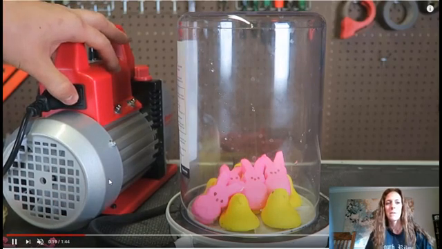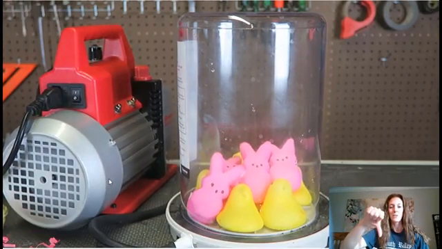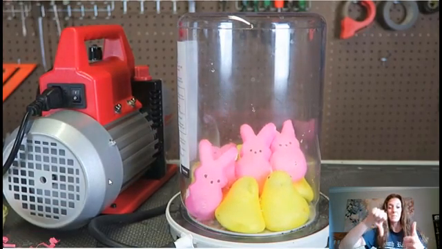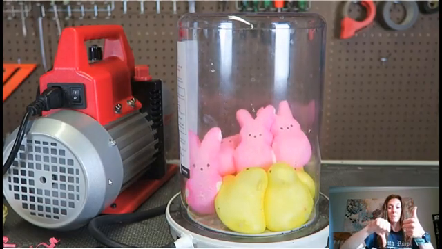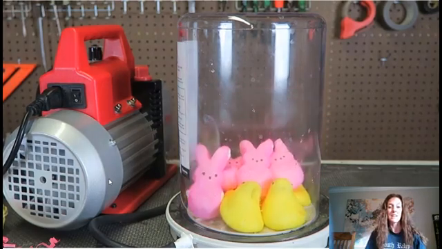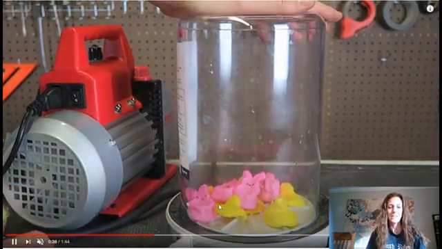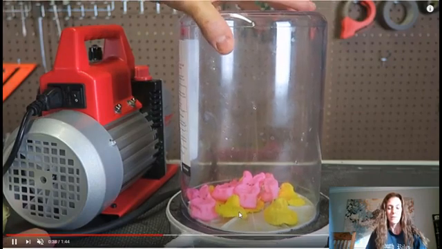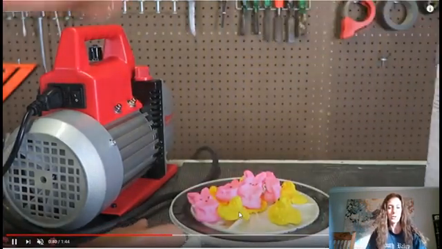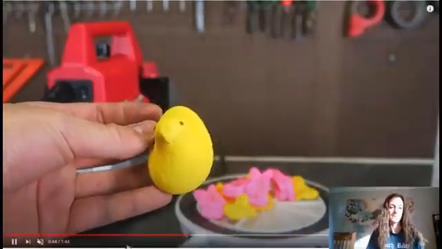There we go. As the pressure goes down, we can see the volume of these peeps going up, up, up, up, up, up. And this is called an inverse relationship. And you can see how they very quickly deflate when pressure goes back up, then the volume goes down.